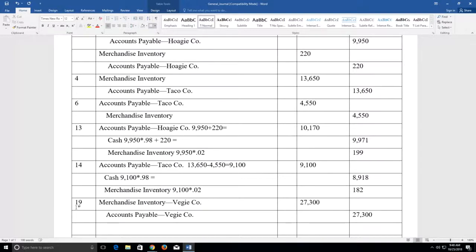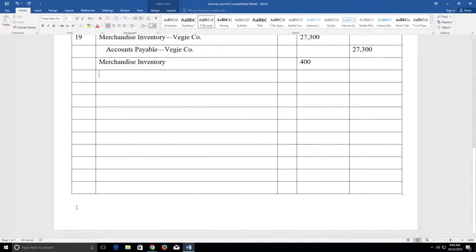Okay, so we went ahead and paid the freight in advance. They're not adding it to our ticket. So when we say that we paid freight in advance, it's going to be part of our merchandise inventory, because remember, it's part of getting the product to us. So it's part of our cost of $400. And it says paid. So what does that mean? We credit cash.